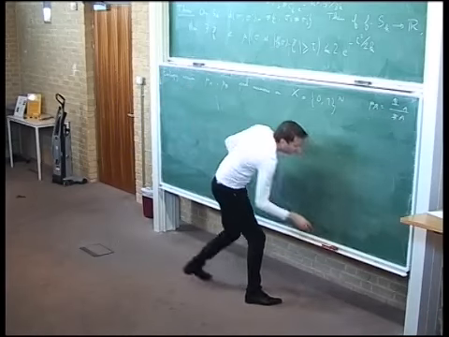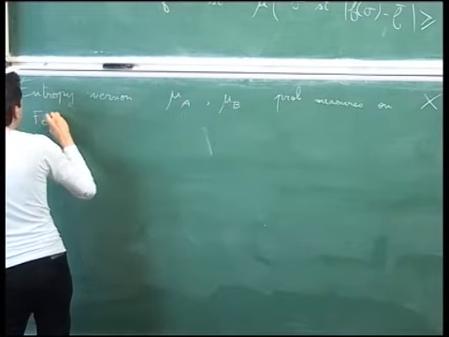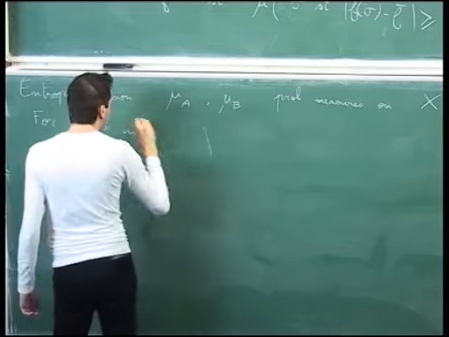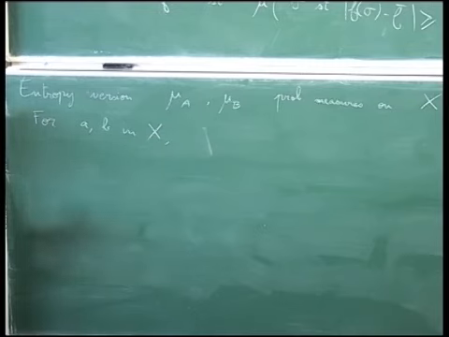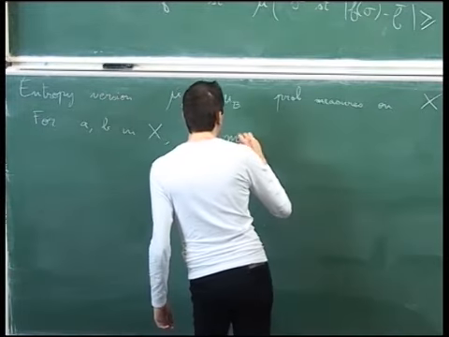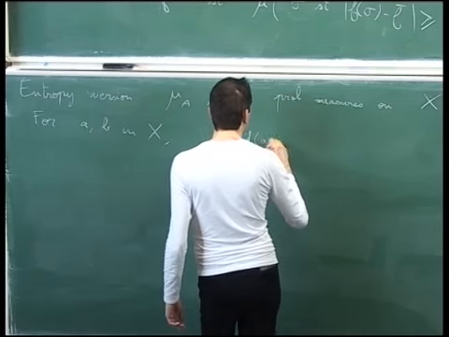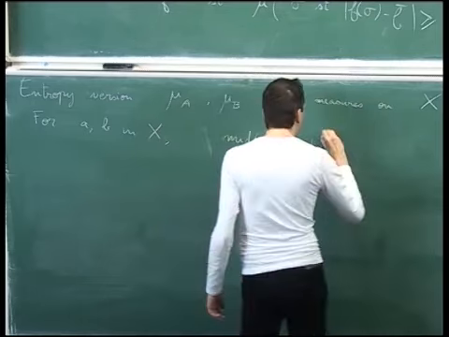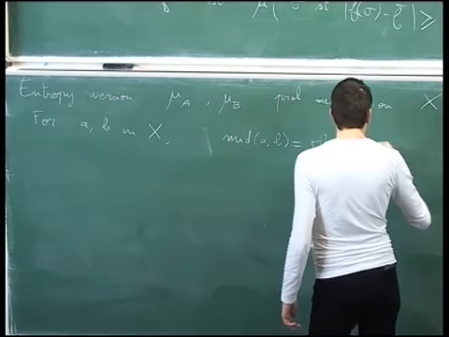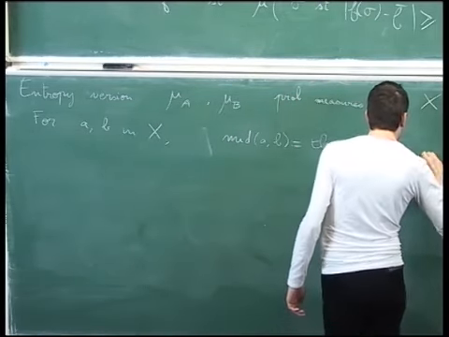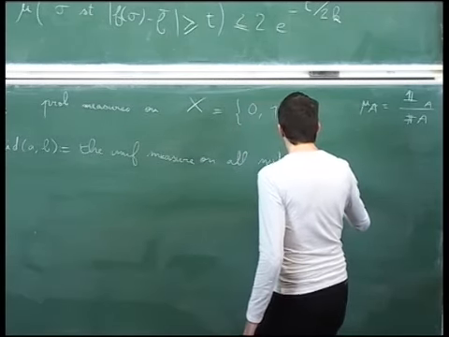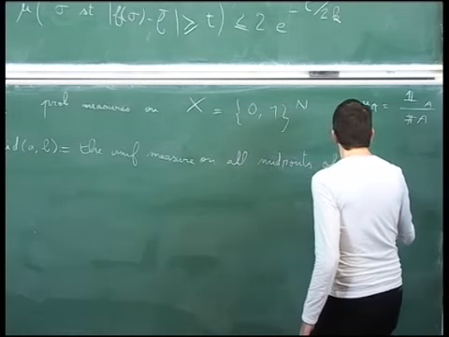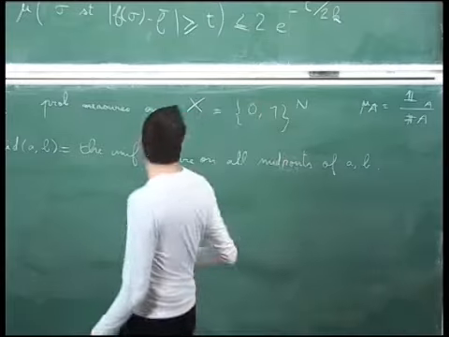So for fixed points A and B in X, you define the midpoint measure of A and B by taking one midpoint of A and B at random among all possibilities. So you define mid of AB to be the uniform measure on all midpoints of A and B, with t equal 1/2 again.